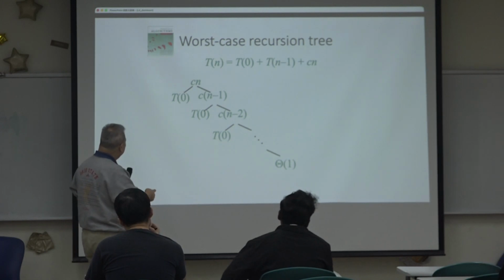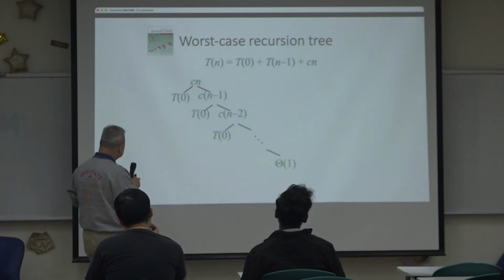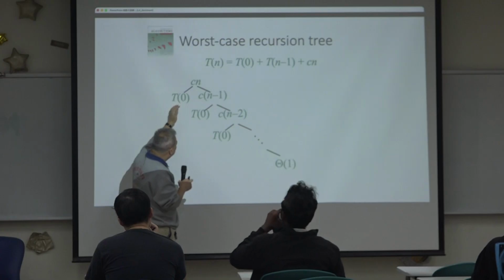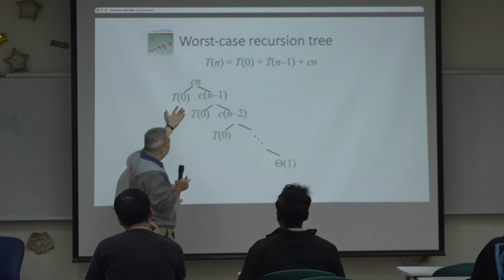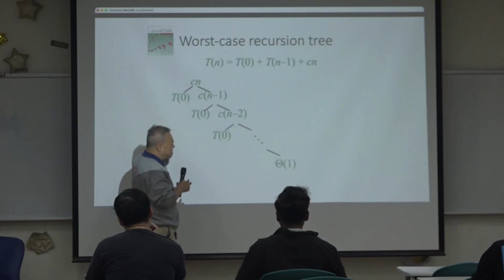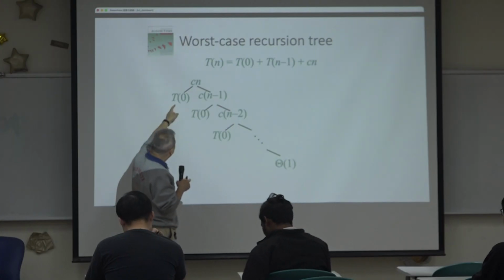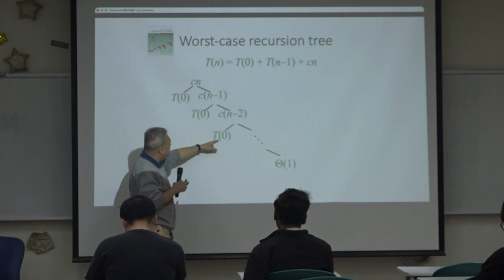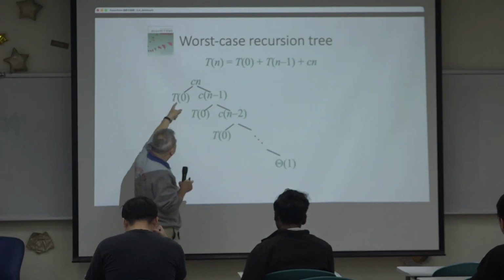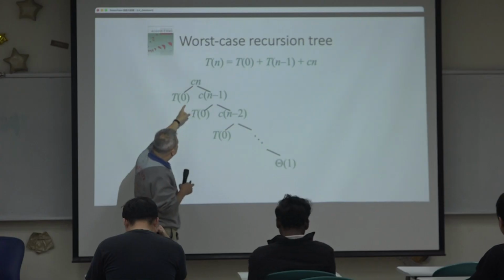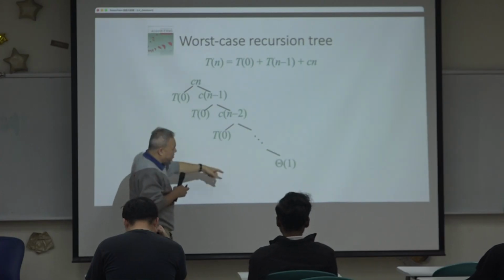So all these parts, because each level you go down, n is decremented by 1, right? So you have roughly n number of T of 0. Okay, but the issue is not about T of 0, okay?